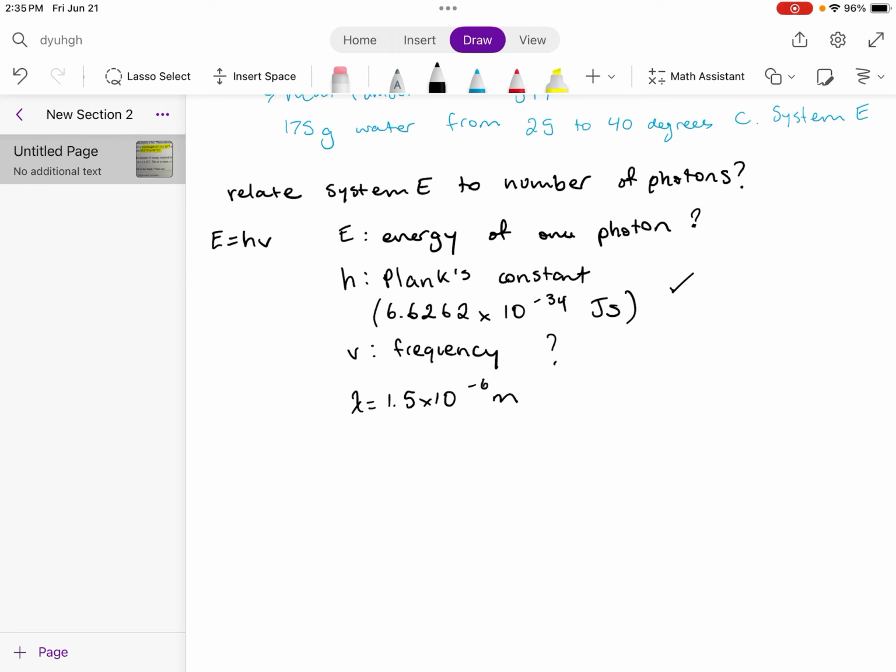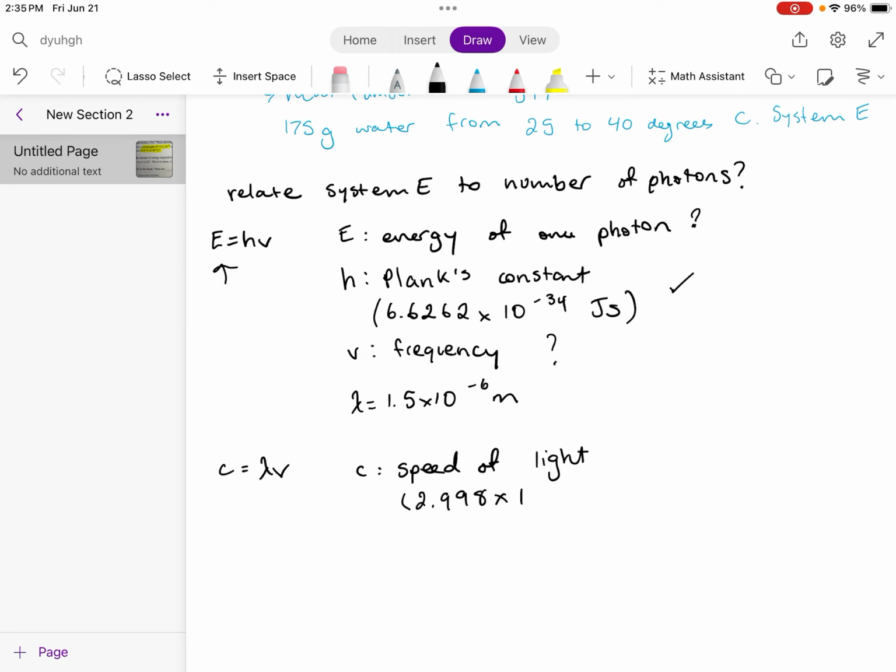Meters. Okay. So we need to use a different equation in order to convert from wavelength to frequency so that we can use this equation. And what that is is this right here, where c is the speed of light. And again, this is just a constant.